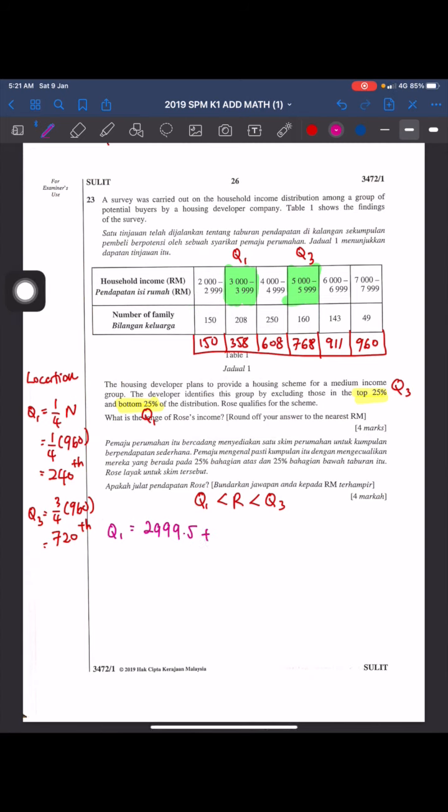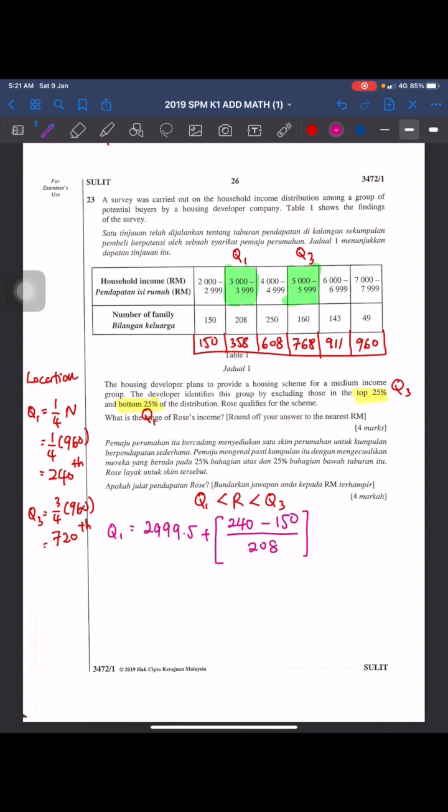Plus location of the first quartile, so saya ada 240 minus cumulative frequency before first quartile class, so saya ada 150, divide by frequency of the first quartile itself, so saya ada 208.